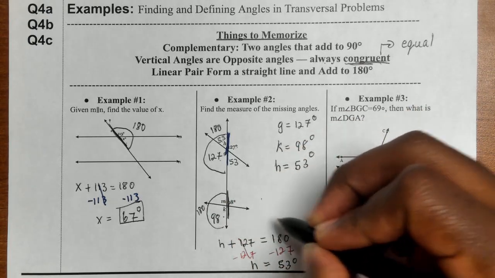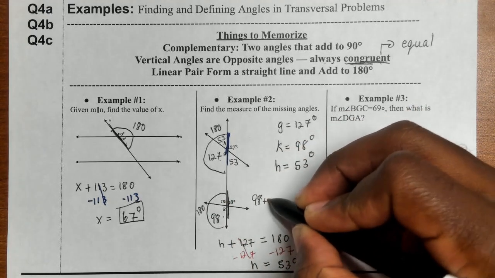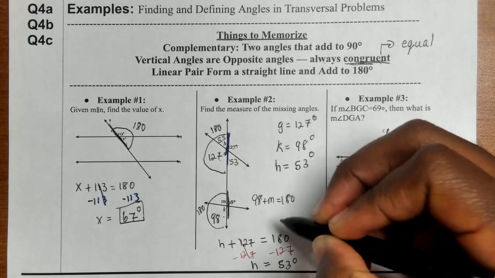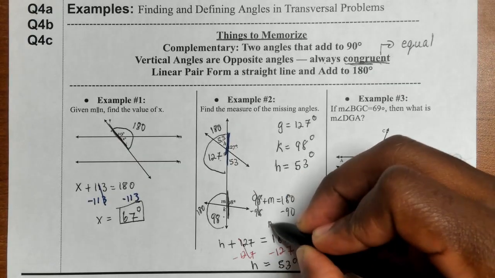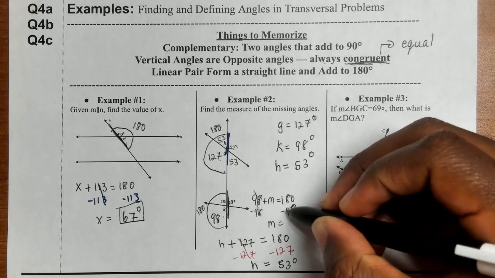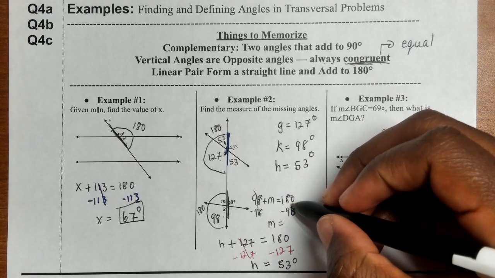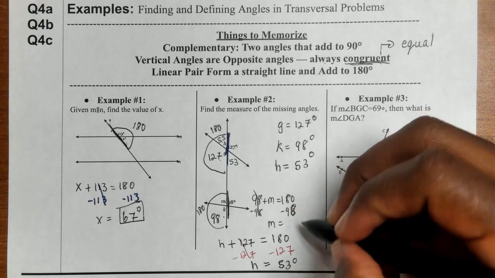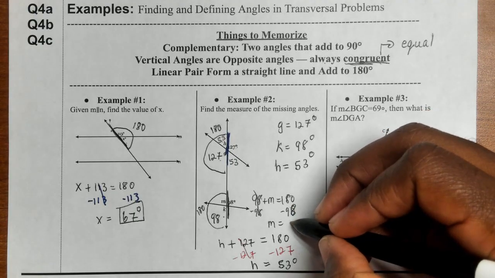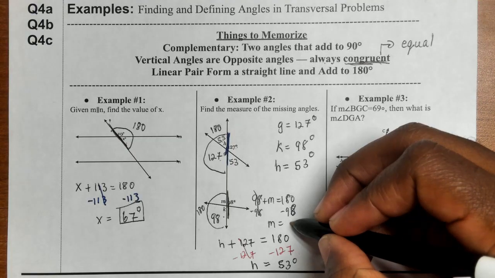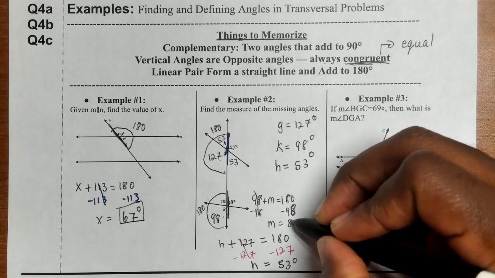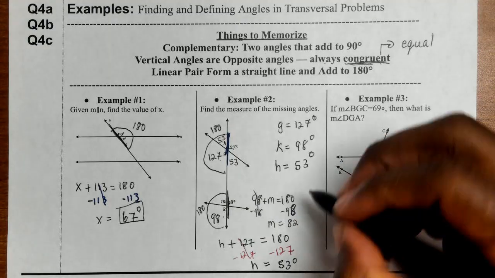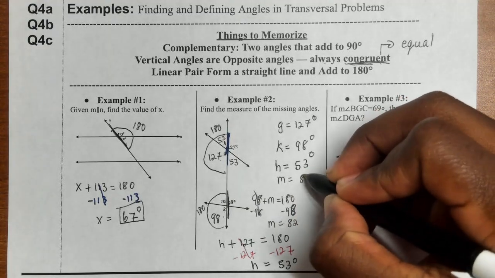Then I subtract 98, and M will be equal to 180 minus 98, which is 82. So M will be equal to 82.